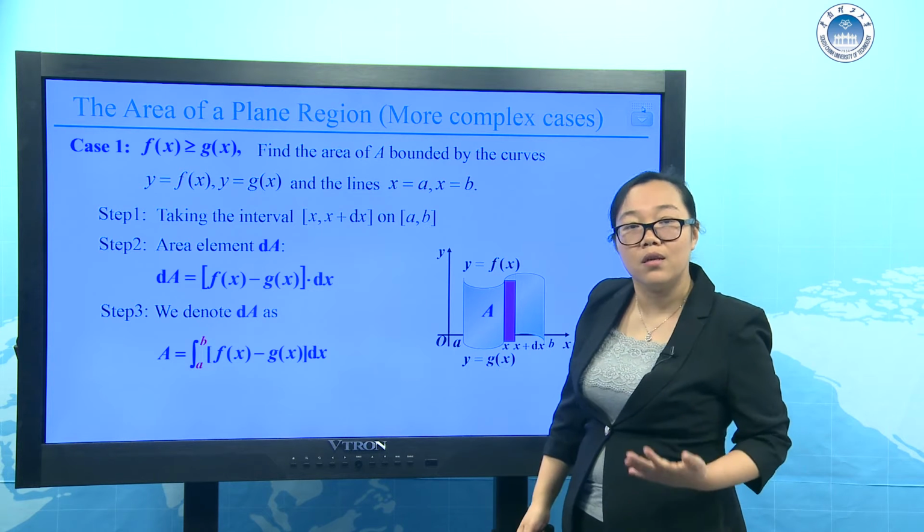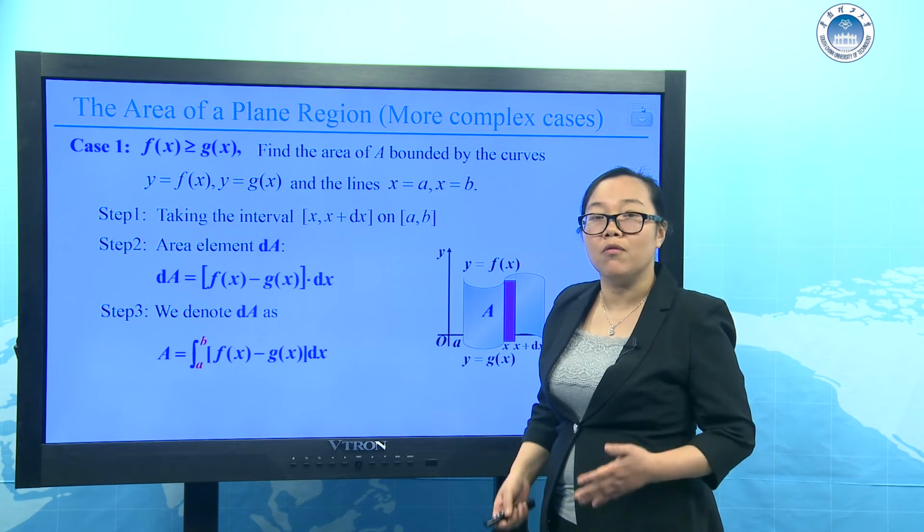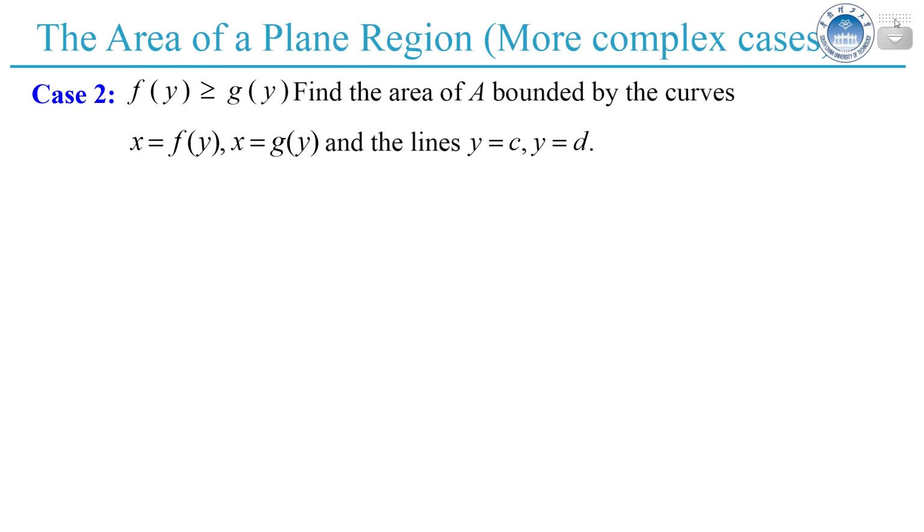So now we can consider case 2. Why case 2? Maybe the variable is y. Now look at case 2. If f(y) is larger than or equal to g(y), try to find the area bounded by the curves x equals f(y), x equals g(y), and the two lines y equals c and y equals d.